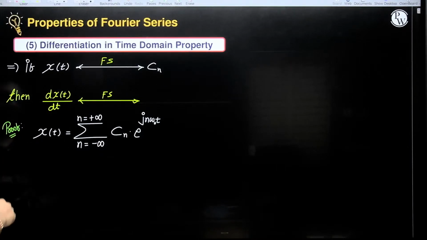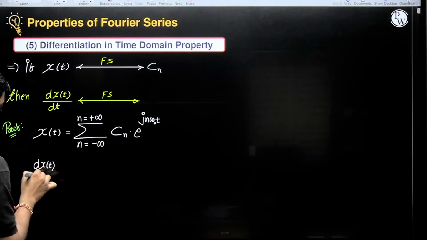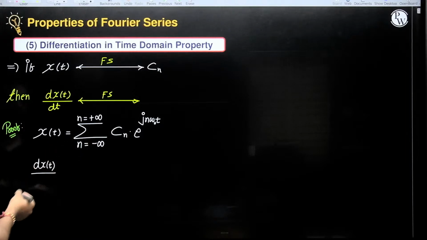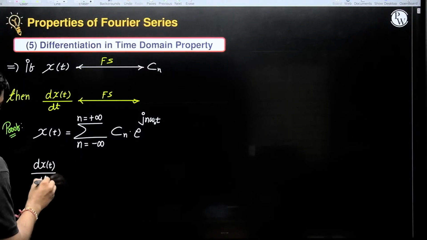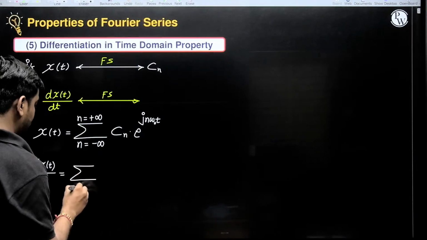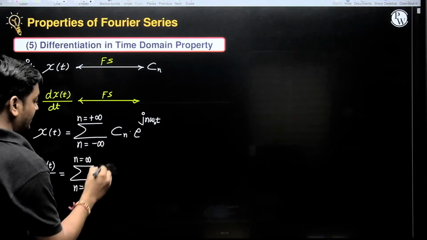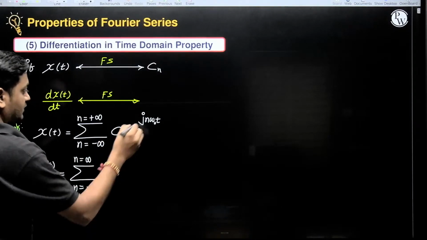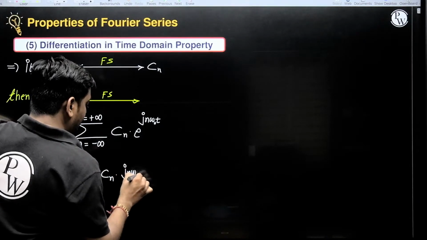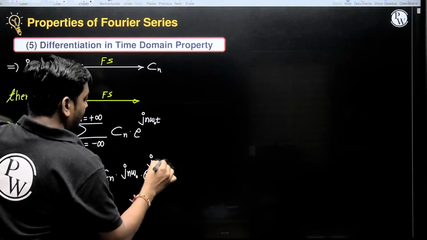If you differentiate x of t with respect to t, guys, differentiate the right side and left side with respect to t, dx by dt is equal to, so Cn is independent of t, Cn is constant with respect to t. What is the differentiation of this one? So it will be j n omega 0 into e to the power j n omega 0 t.